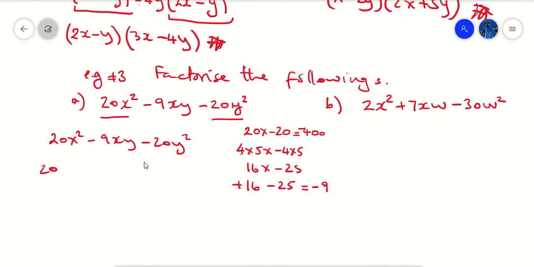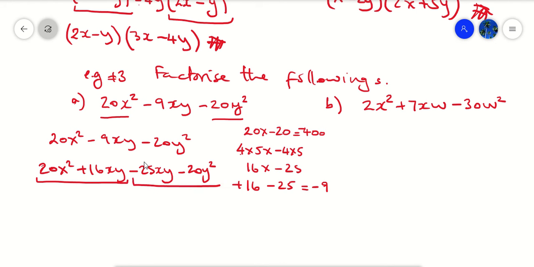Okay, let's write 20x squared minus 9xy as positive 16xy take away 25xy, because positive 16xy take away 25xy will give me minus 9xy, minus 20y squared. Right, once I'm at this stage, what do I do? Group the first two terms and the last two terms.